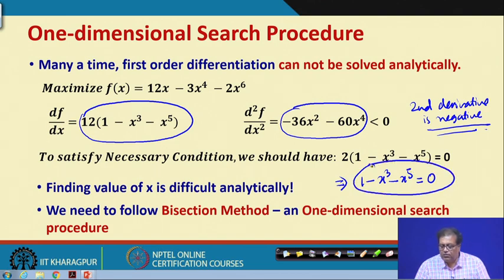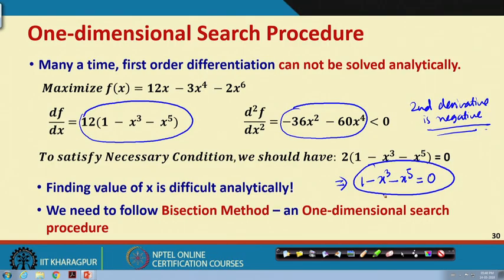Now, this is not going to be easy to solve, because you will not be able to factorize it so easily. This particular problem may not be so difficult, because 1 equal to x cube plus x to the power 5. So, you can take x cube common and all those things you can try, but that is not the usual thing, because you may have different coefficients for another problem.